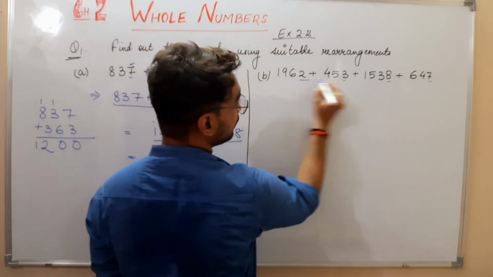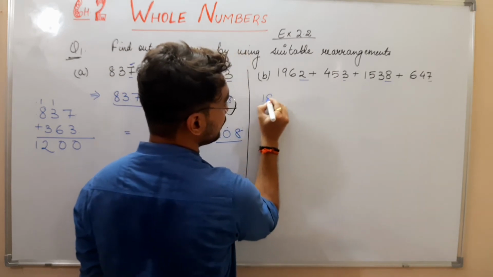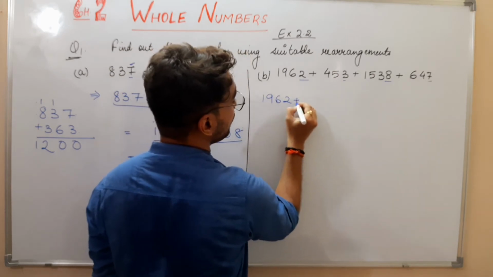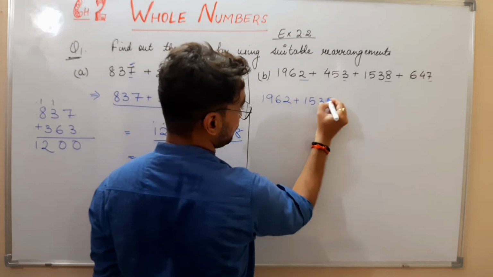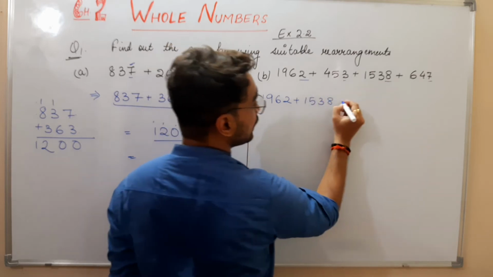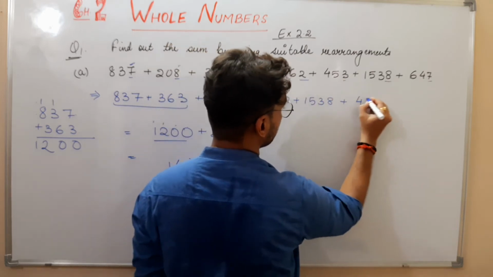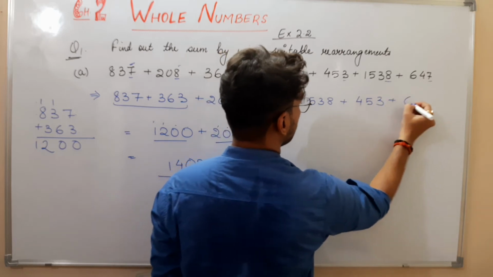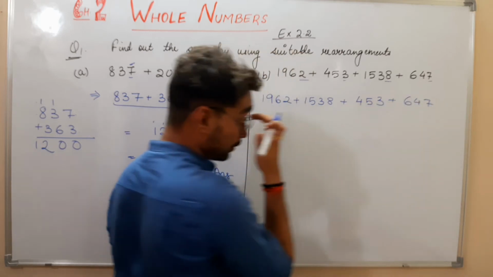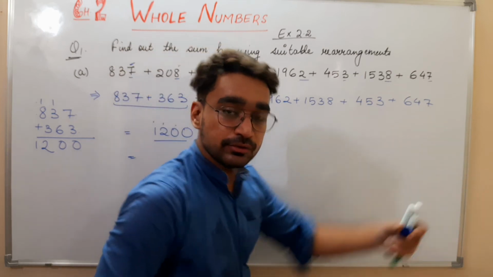If I add 2 plus 8, I get 10. So I will write 1962 plus 1538, these two I will add together, plus 453 plus 647 together, because 3 and 7 will also give me 10.